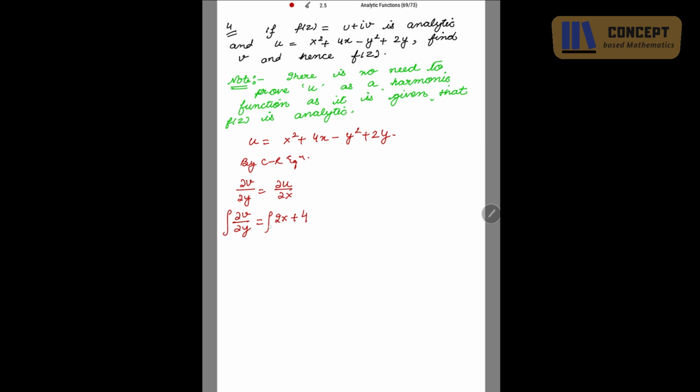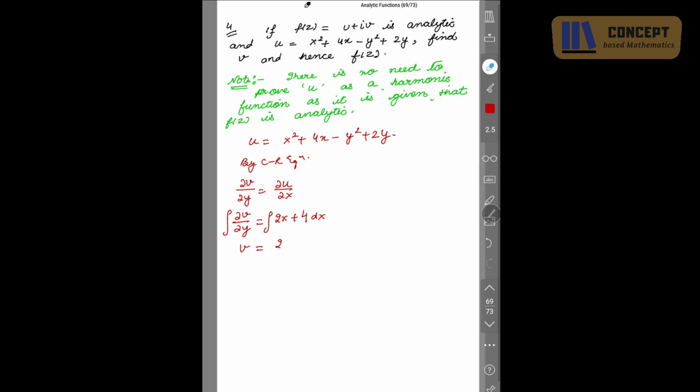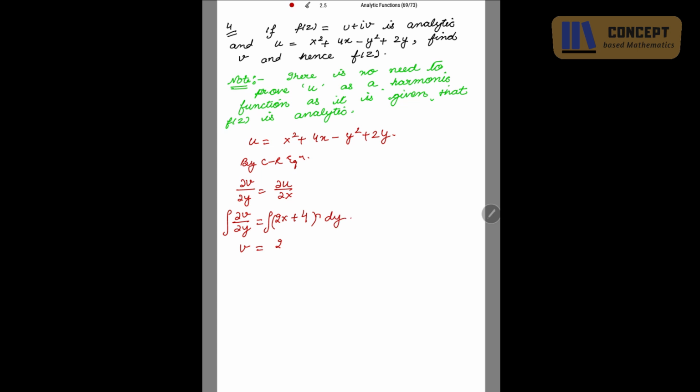Now integrating, we will get v is equal to, with respect to y you should integrate, 2xy plus 4y plus phi of x. So this is the first equation.